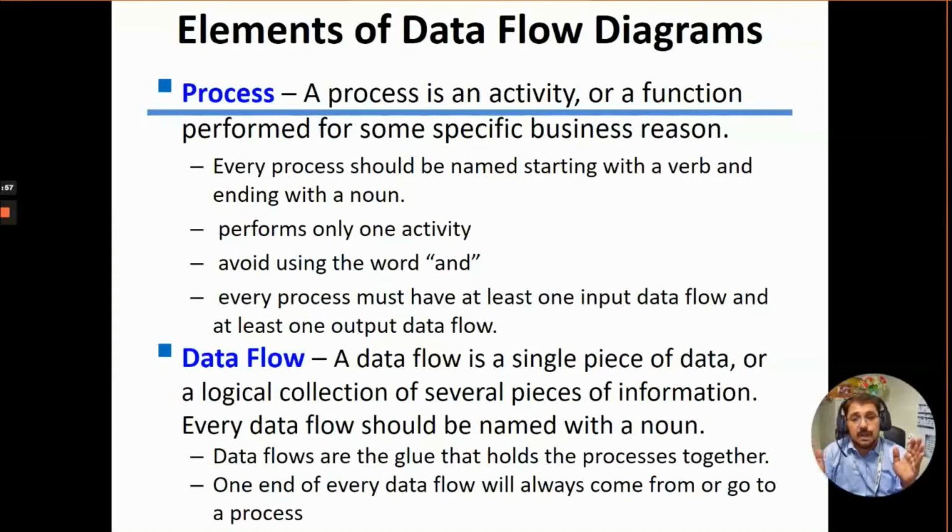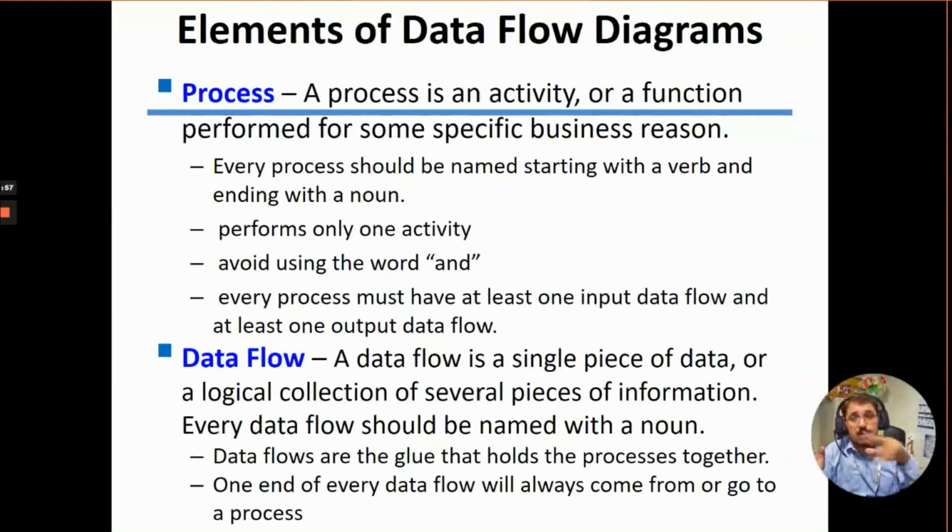Another thing, if there is no output, output is the goal that we want. If there is no goal, no output, then the process is actually useless. It is meaningless, right? So meaning to say, every process must have at least one input, it may be more, but at least one input is very necessary.